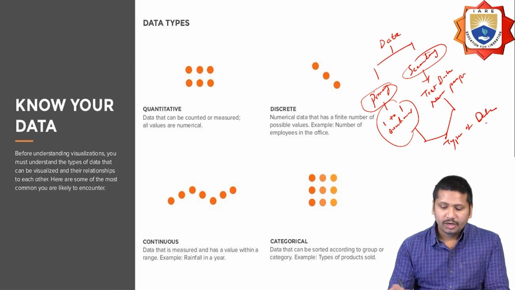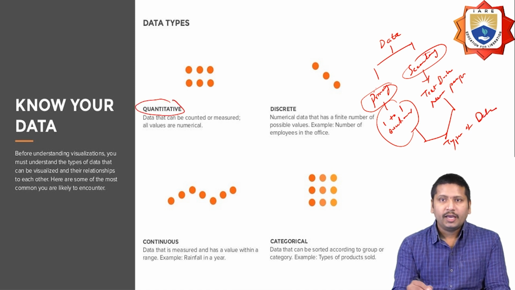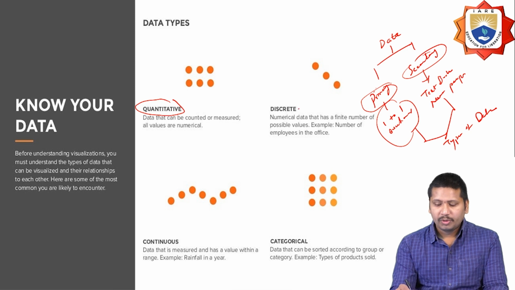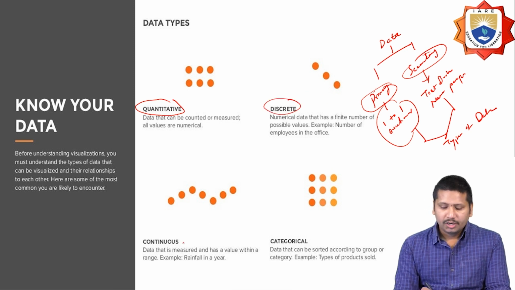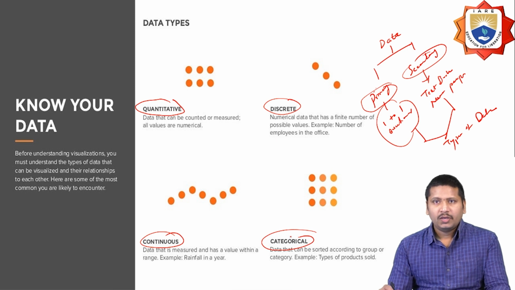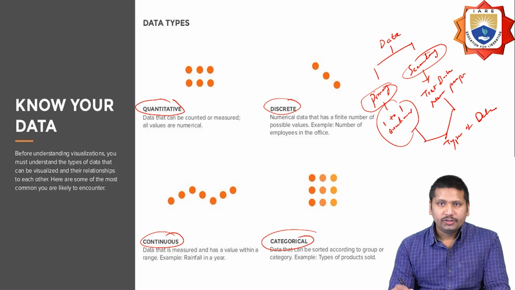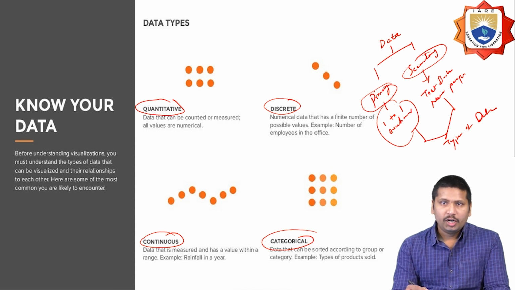Types of data means it may be quantitative data, or it may be discrete data, or it may be continuous, and it may be categorical. So like this, we have to classify the data into different types. Quantitative means the data that may be counted or measured, so all the values are numerical here.